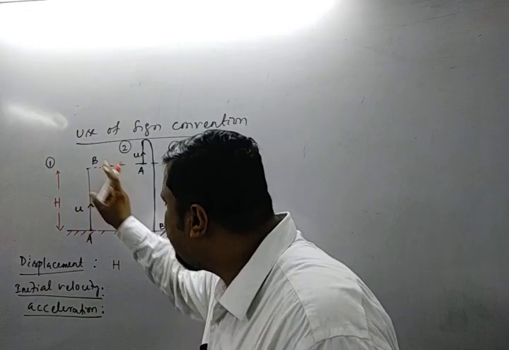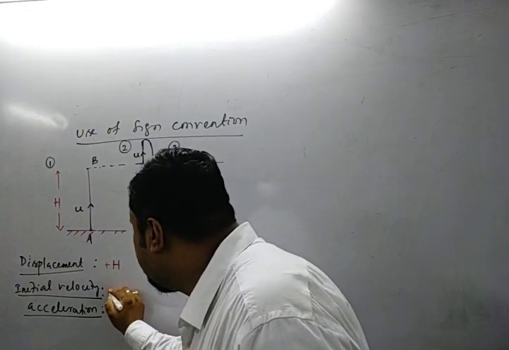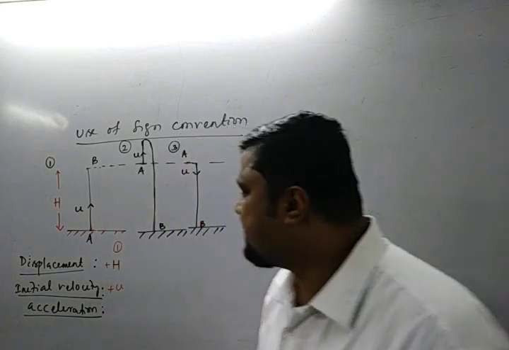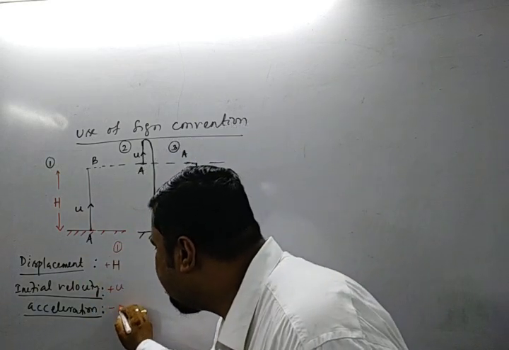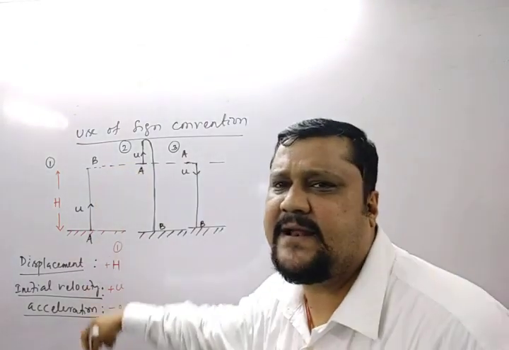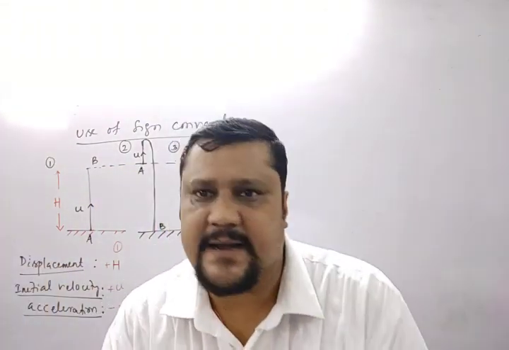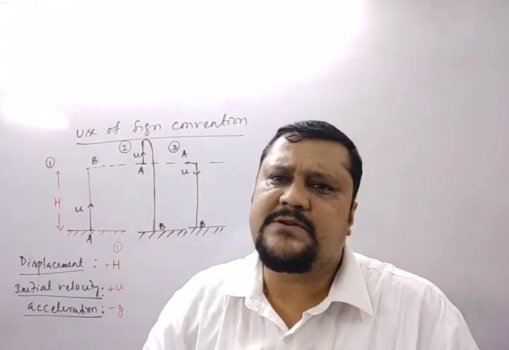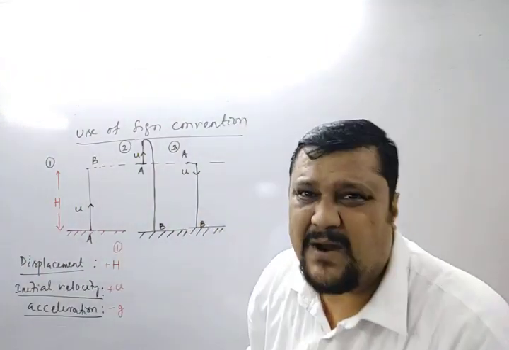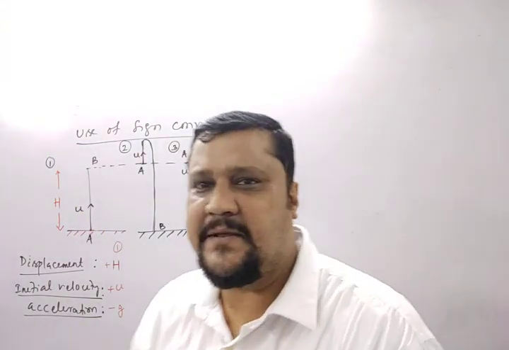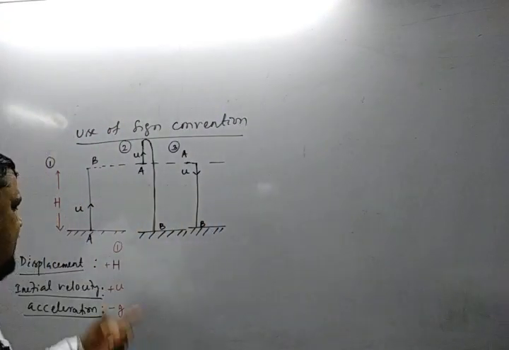The velocity is going up, so u is positive for case 1. And obviously acceleration is always minus g, always directed downward, because the force of gravity attracts the body. The acceleration due to gravity acts downward, as a retardation.